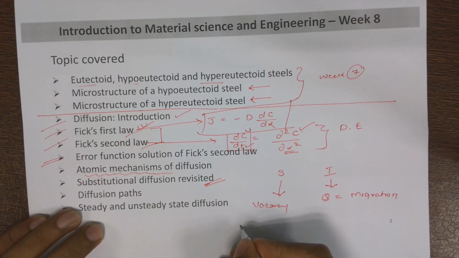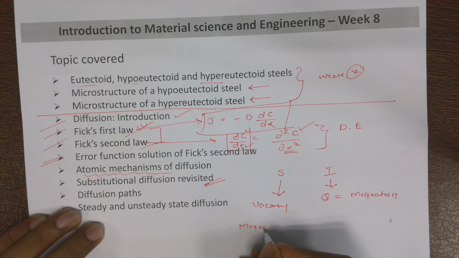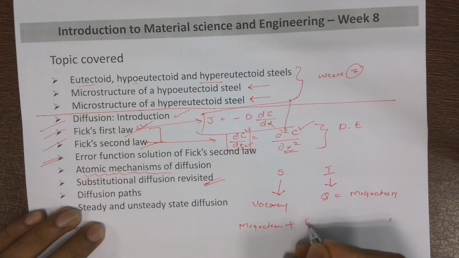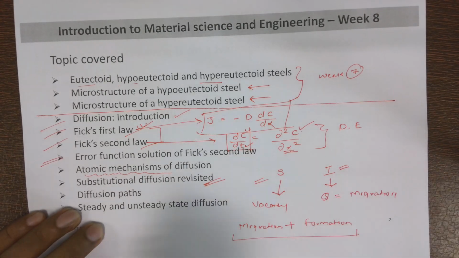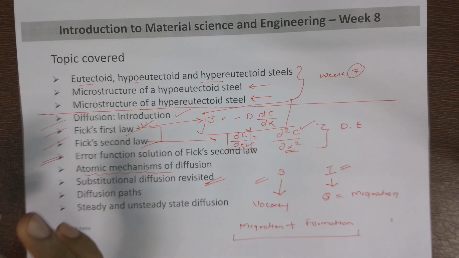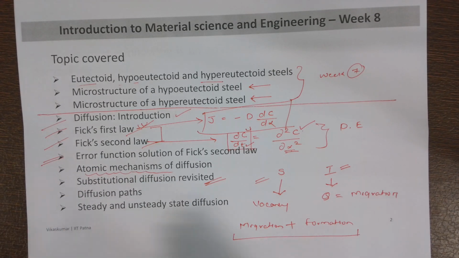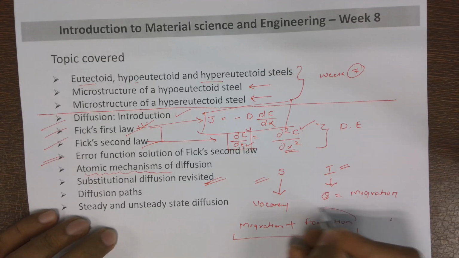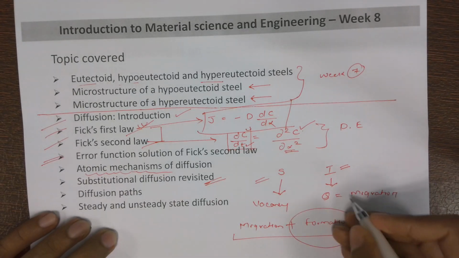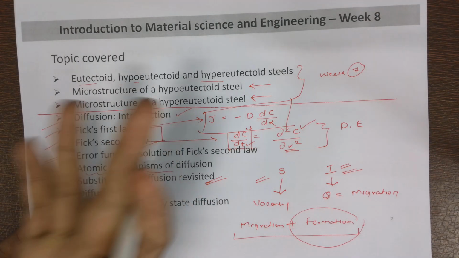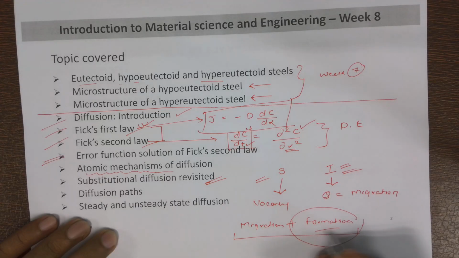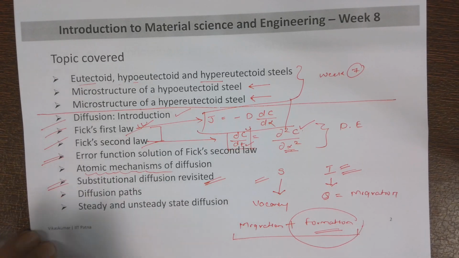So not only do we need the activation energy to migrate the vacancy, we also need the energy for the formation of the vacancy. So in this way, the substitutional diffusion will vary from the interstitial. The most important thing to remember is that in substitutional we also have to form the vacancies, while in interstitial we already have a sufficient amount of interstitial sites which a particular interstitial atom can take. So this formation is the additional part in the substitutional one.